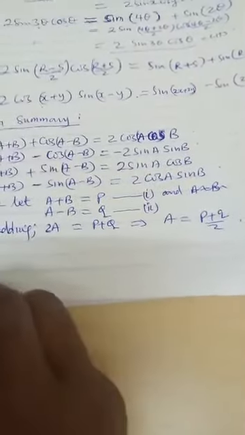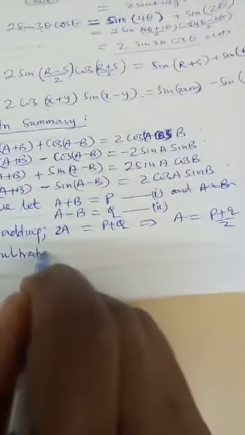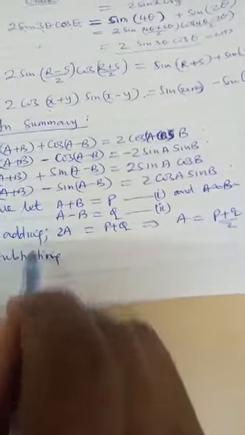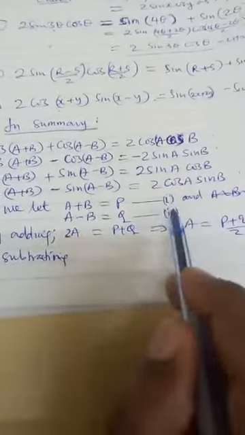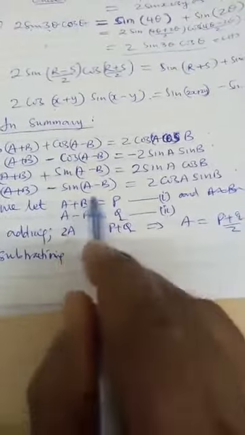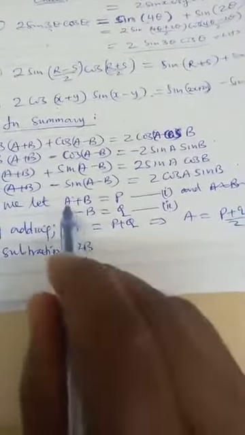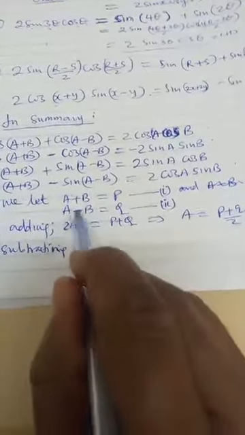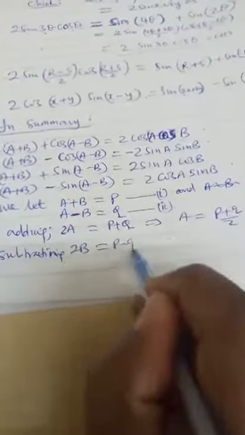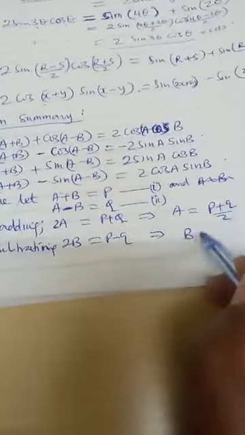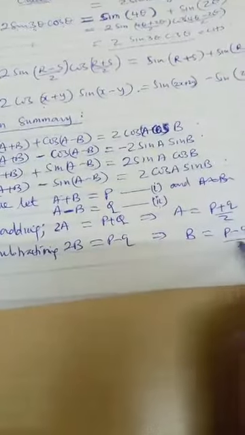By subtracting equations 1 and 2, if we add them, the b dies. By subtracting, we shall get 2b this time. The a dies, but this becomes a plus. We get p minus q, implying that our b is p minus q over 2.